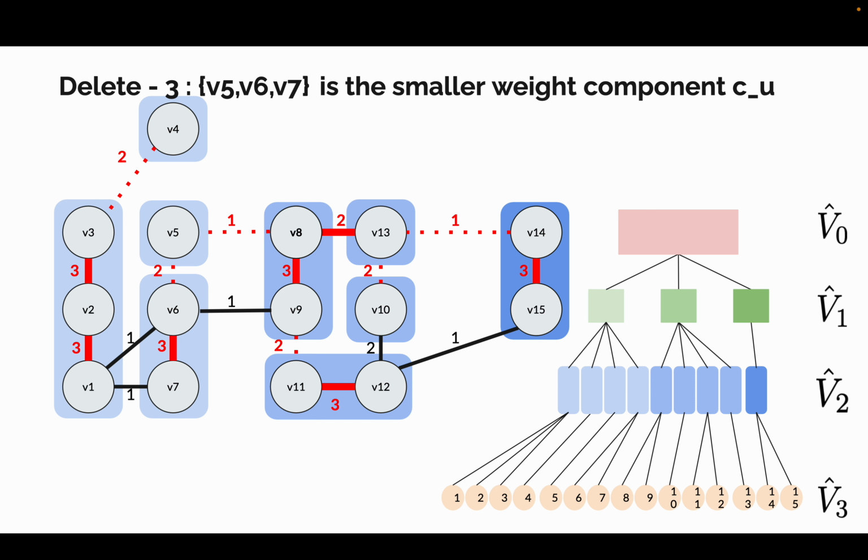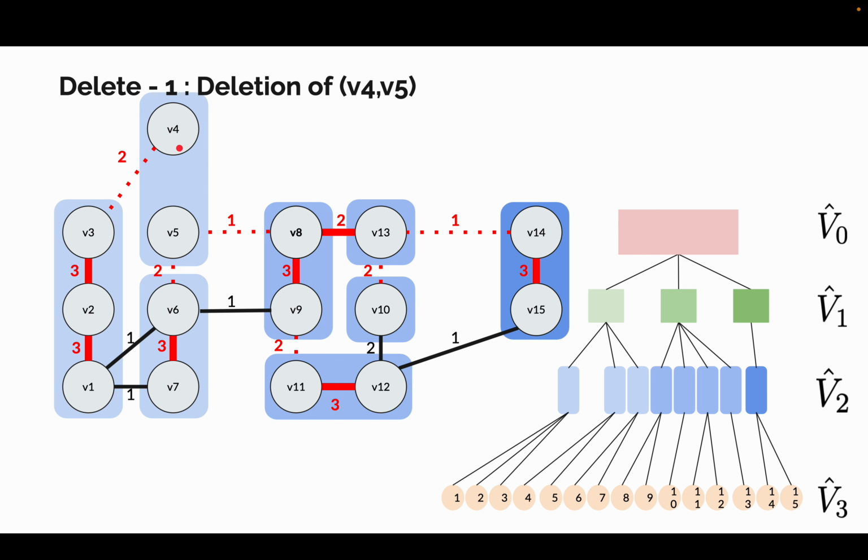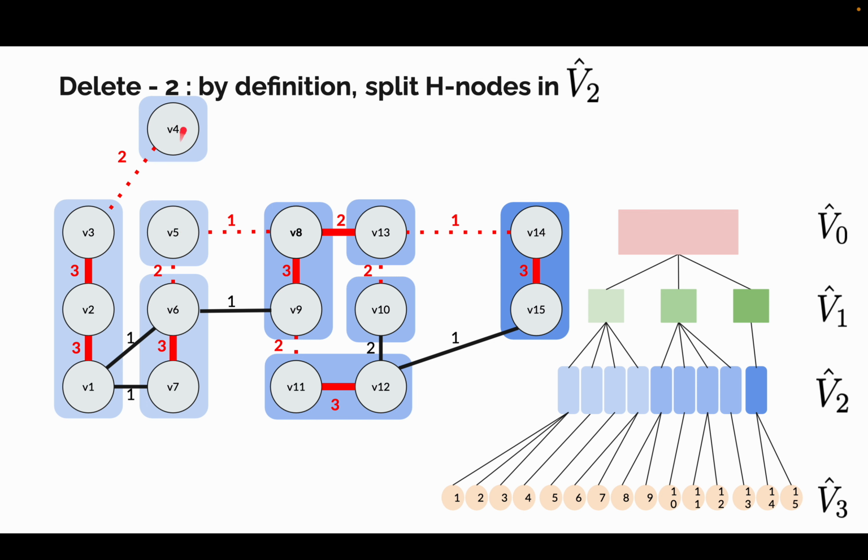And after transforming it into a graph that conforms to the definition, we just use the same tricks, the same heuristic, and we find CU and CV. Again, don't forget that we were going to delete V4, V5. So U is V4, V is V5. So we want to find out CU and CV. So what is CU?